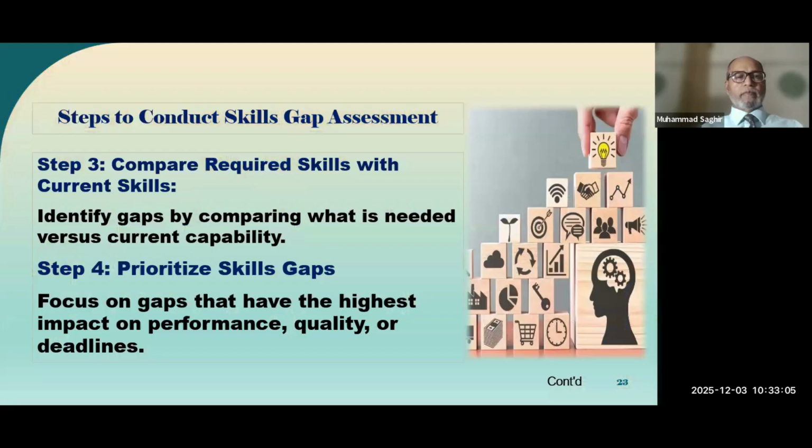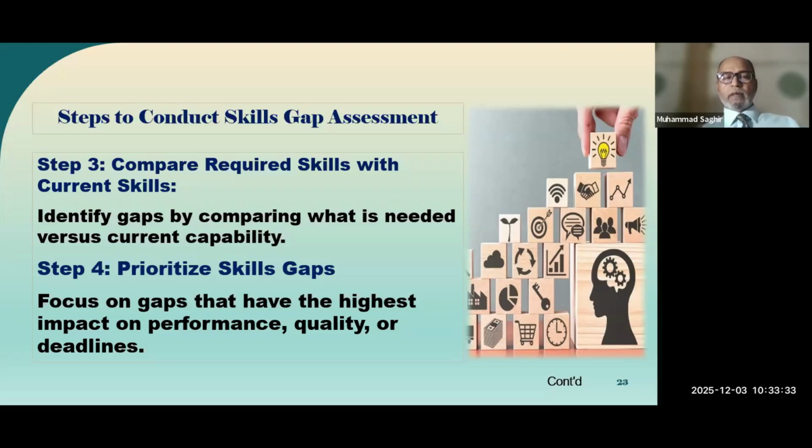And also compare required skills with the current skills. Identify the gap by comparing what is needed versus current capability. Prioritize skills gaps. Focus on gaps that have the highest impact on performance, quality, or deadlines.